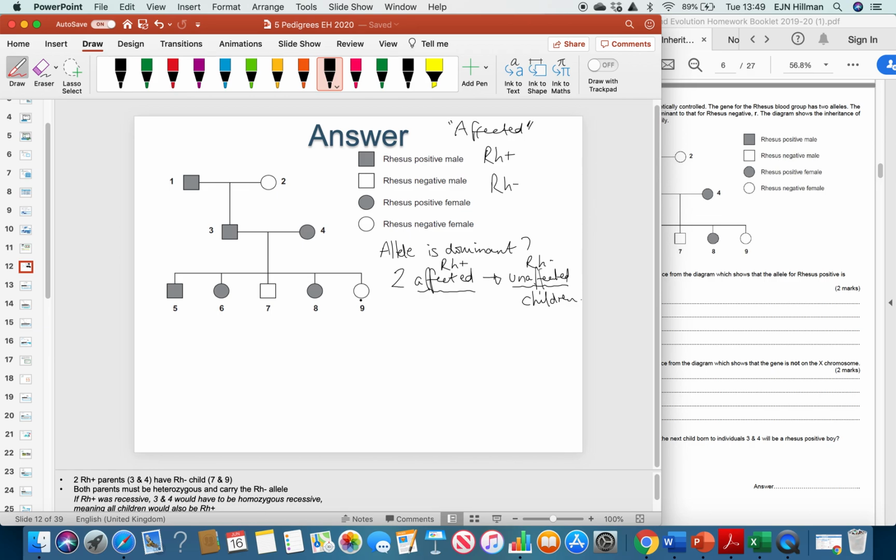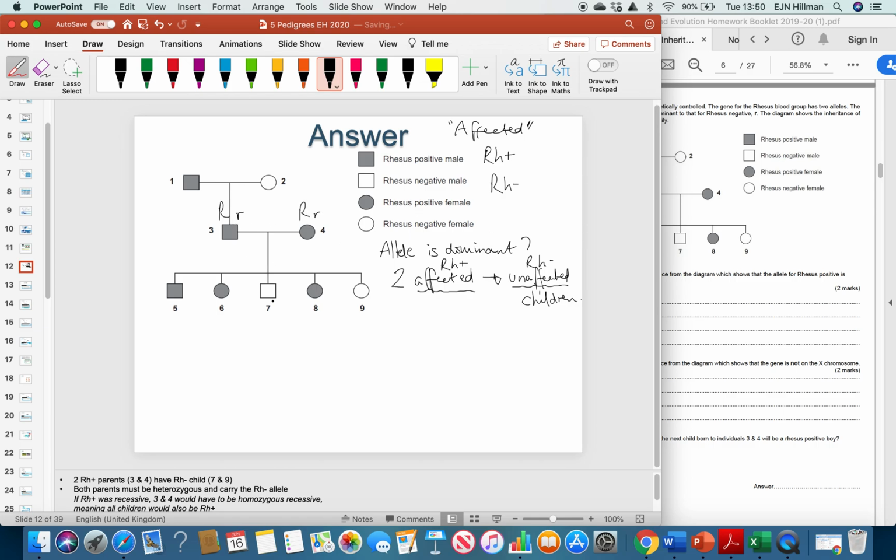You will also see on page 13 that if we find that, the explanation is that both parents must be heterozygous. So I'm going to use R here to represent the allele. 3 must be heterozygous, 4 must be heterozygous.